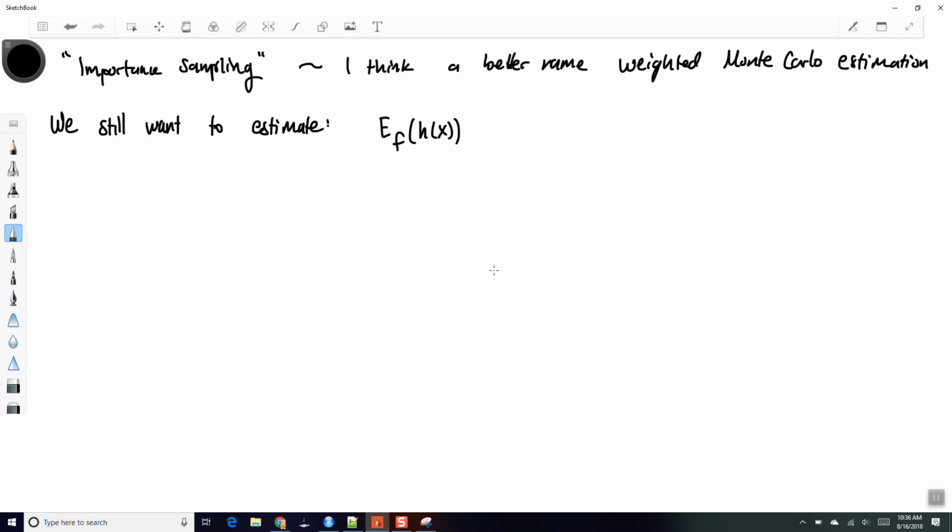We want to get, what is the estimated value of h of x if we apply it to some PDF f of x. Okay, and so this is still defined as h of x multiplied by the PDF f of x dx. Okay, so this is our function over here, h of x, and over here f of x, this is a PDF.